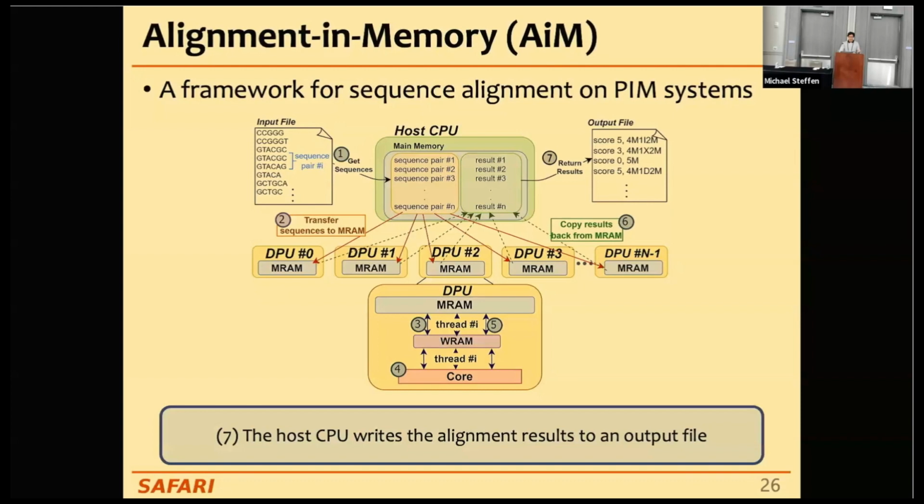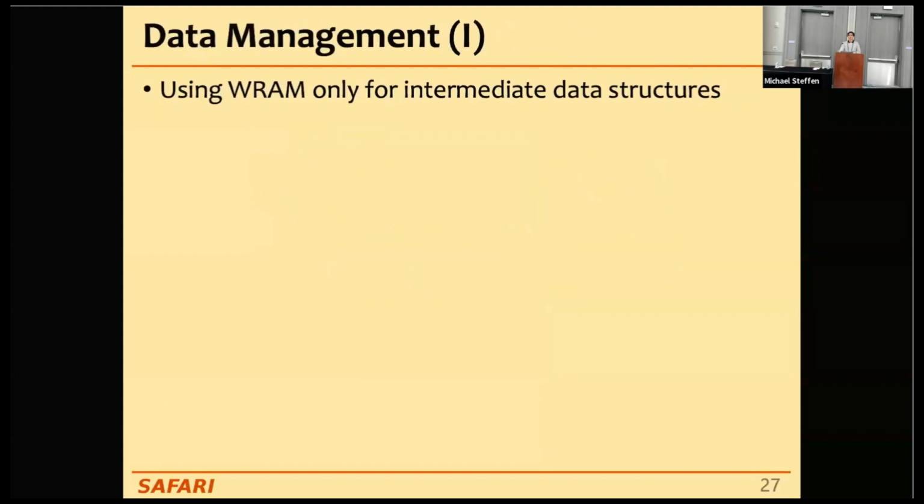So as I said, the biggest challenge here is how to make efficient use of the available memory spaces, which is what we call data management. And here we explore 2 different approaches. The first one is more straightforward and potentially higher performance because it only uses WRAM.